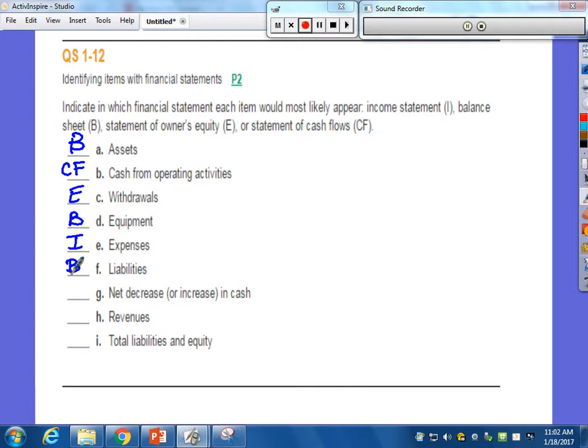Cash flow statement. Revenues. Income statement. And total liabilities and equity. Balance sheet. Good. Good to go? Okay. Let me know when.